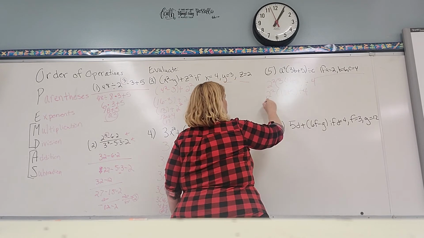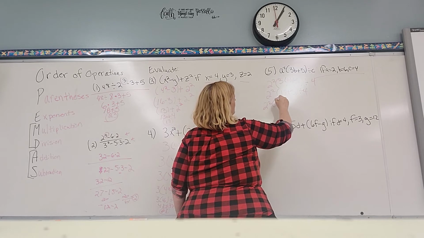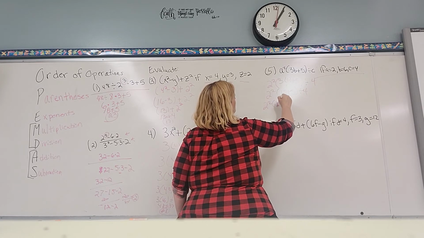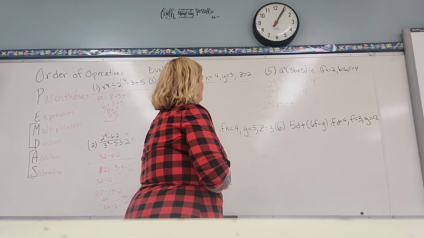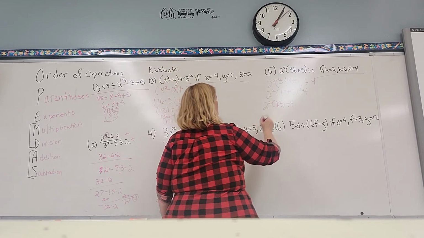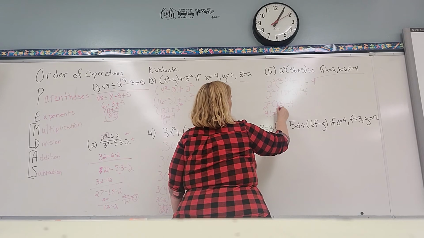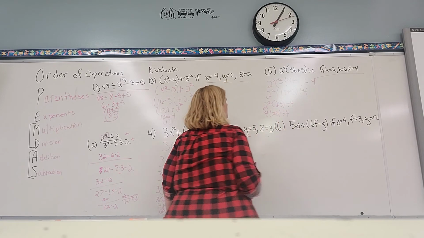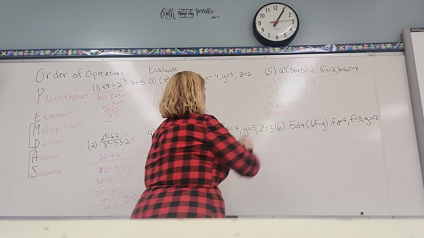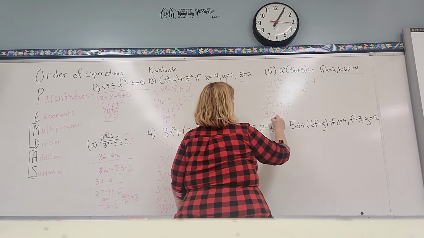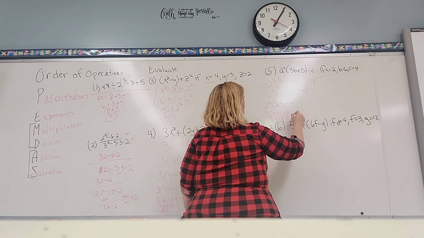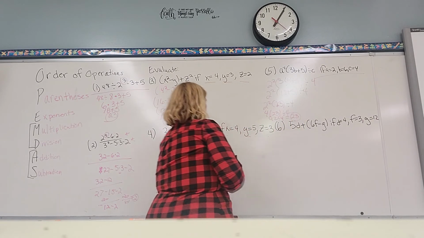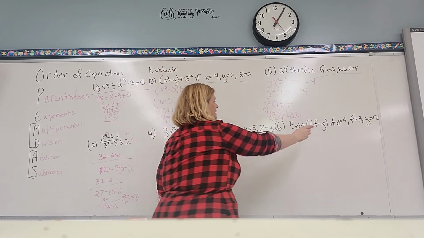Still working in the parentheses. 2 squared times 23 divided by 4. And then exponent, 4 times 23 divided by 4. Multiplication first, since left to right, that's 92 divided by 4. Division makes that 23.